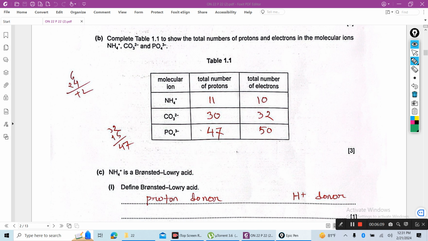Then total number of electrons: proton number 47, but here negative 3 means 3 electrons more, so 47 plus 3, 50 will be the total number of electrons.